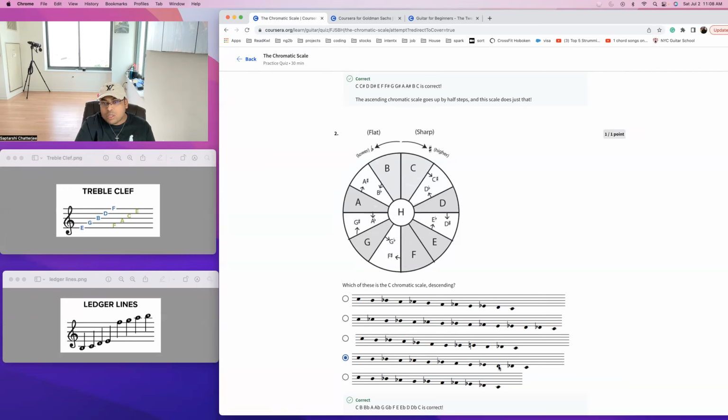Then one down is D, D flat, and one down is C, right?